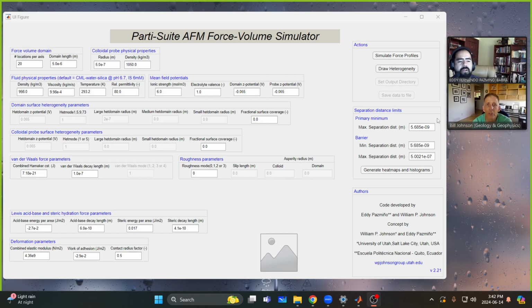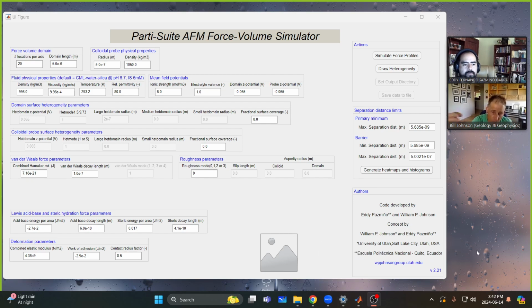This is a good point about the contact mechanics, because you have deformation when the colloid comes into contact with the surface in this module. You do not have that in the XDLVO module, which treats the surfaces as non-deforming and non-contact.